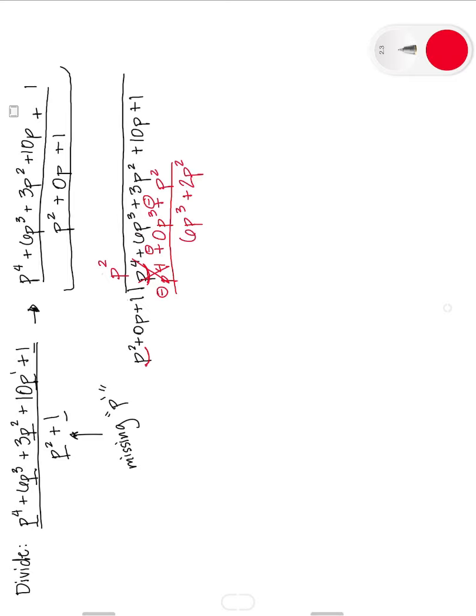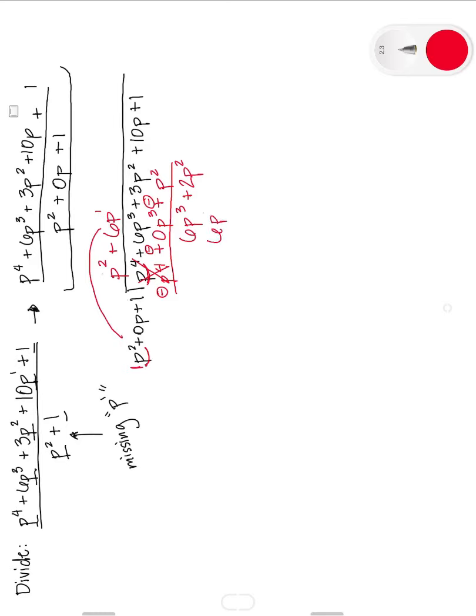p squared times what is going to give us 6p cubed. So the first thing that we need to look at is that we have p squared, so p exponent 2, and we need exponent 3. That means we need one more p, right? So plus p to the first power. And then because this has a coefficient of 1 and we need 6, we're going to multiply times 6. So 6p times everything.